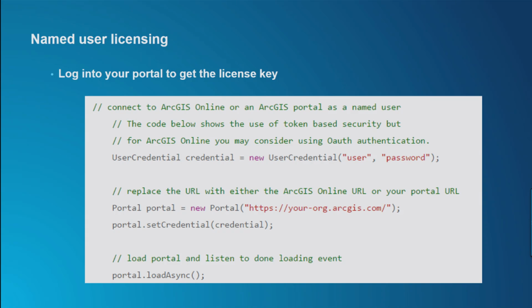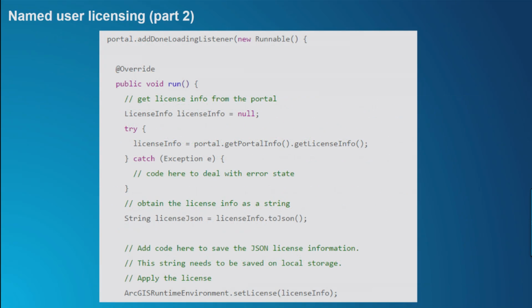Okay, so I've instantiated my portal class, and I'm calling a load async method here. This is the loadable pattern coming in again. I'm communicating with a web service that could be a little bit slow, especially if you're using a big shared network like this.